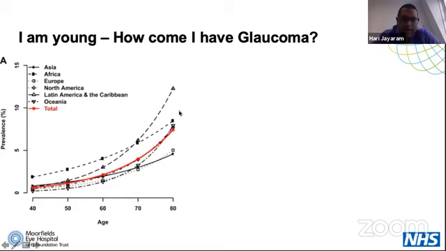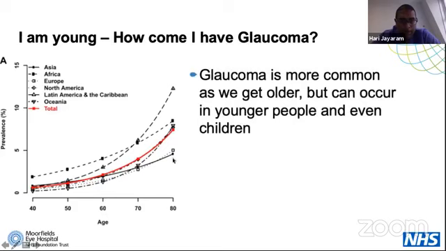It's rapidly rising from the age of 60 onwards. So yes, glaucoma does happen more commonly as we get older, but it can also happen in younger patients, and we also see it in children, which is rare, but at big specialist centres, it is a common thing that's seen.